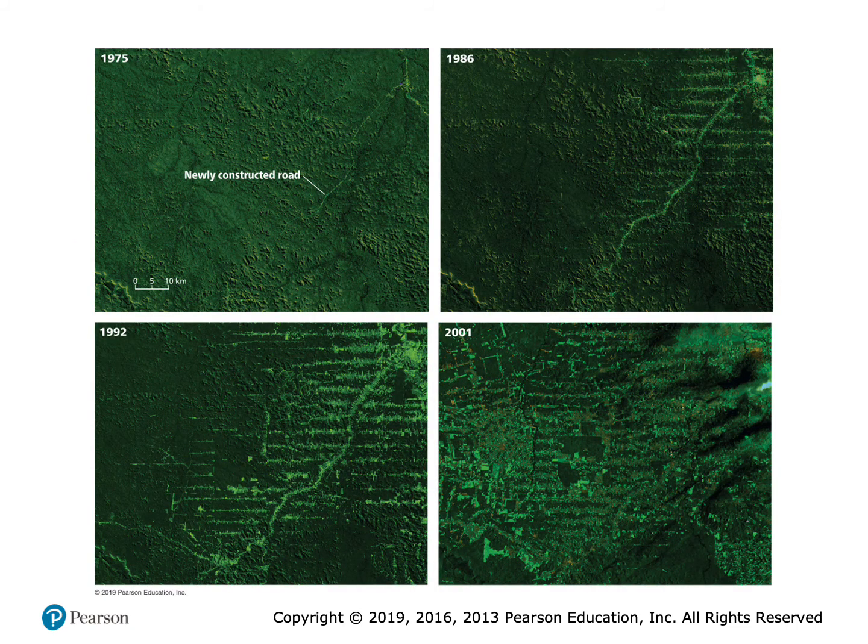This is a look at how roads, there's a newly constructed road seen in 1975, and by 2001, each little lighter green line you see is another newly constructed road. This is a satellite photograph in a portion of the Amazon basin in the Brazilian state of Rondônia between 1975 and 2001.